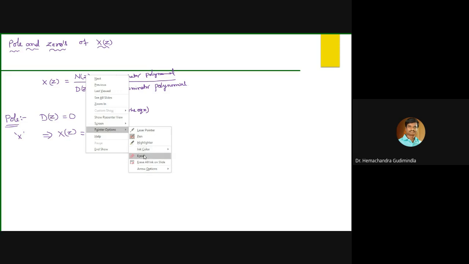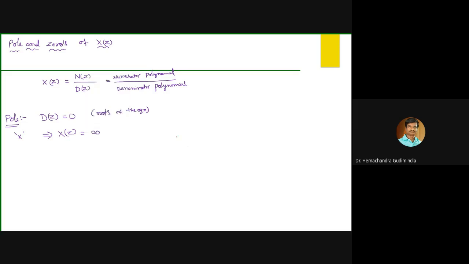That means we need to avoid the pole. Whenever you are considering the region of convergence, the ROC, you need to avoid the pole, because at the pole the denominator becomes 0.